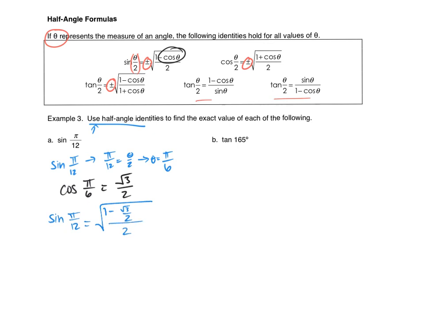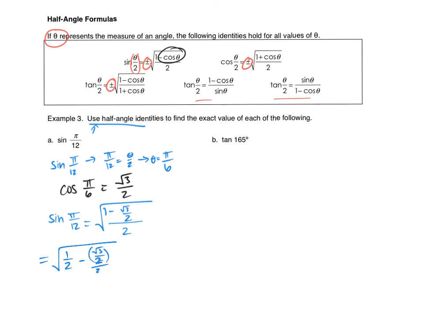There are several ways to simplify this. Personally, I like to take this, and because I can see that there's going to be some things that cancel, I'm going to split my fraction to be 1/2 minus root 3 over 2 divided by 2.